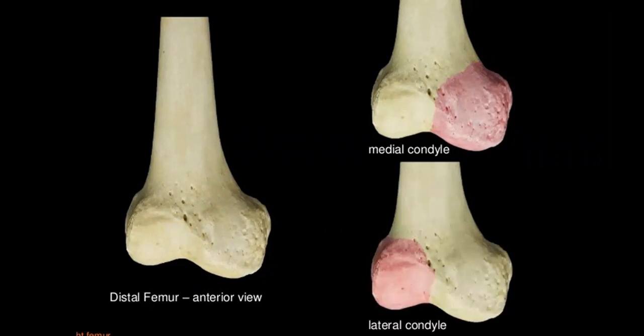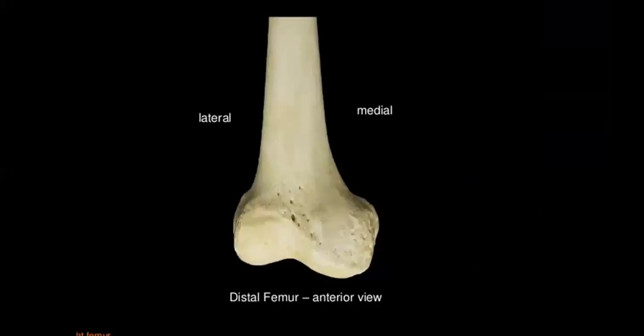Over the superior borders of the lateral and the medial condyles are situated the lateral and medial epicondyles. As I showed you, this is the lateral epicondyle and this is the medial epicondyle. After the lateral and the medial epicondyles, one encounters the adductor tubercle.